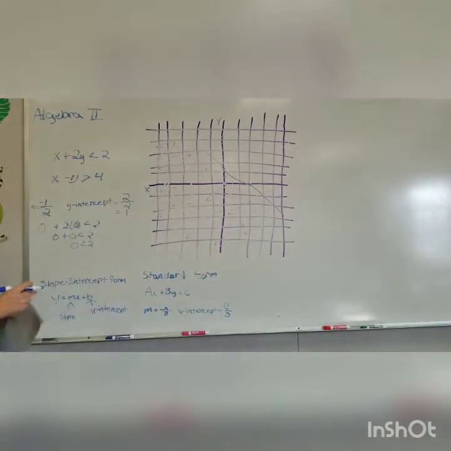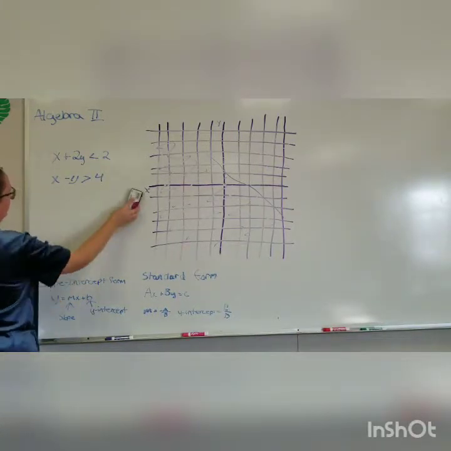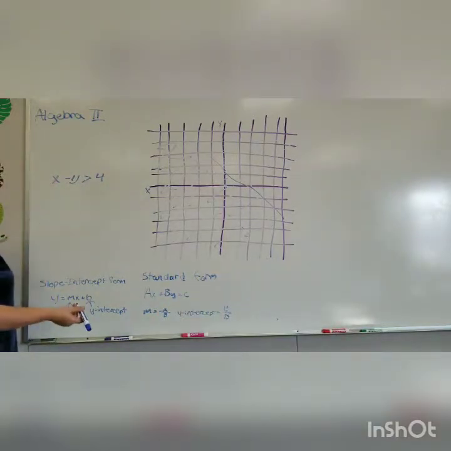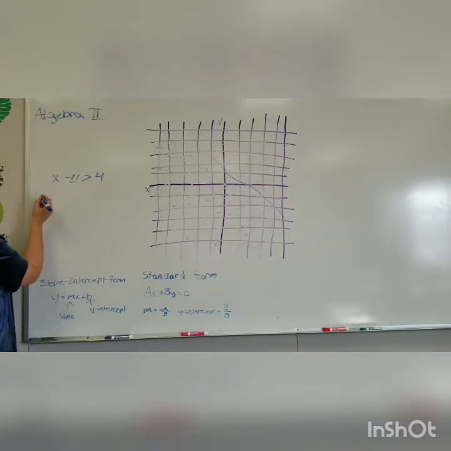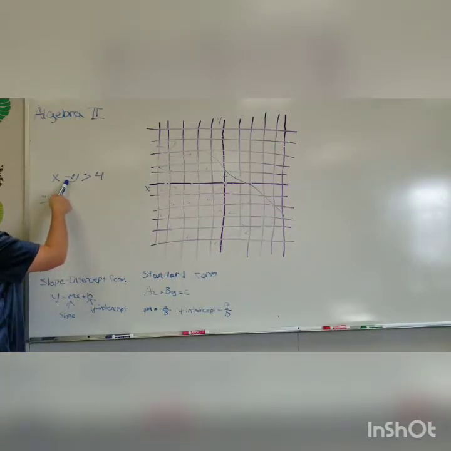All right, now we got to do our next line, which is x minus y is greater than 4. So again, we can find our slope by putting negative a over b. So a is 1, so negative 1 over b, which is negative 1.